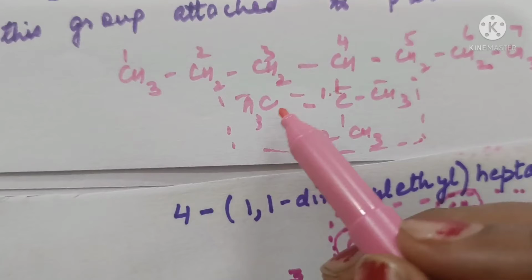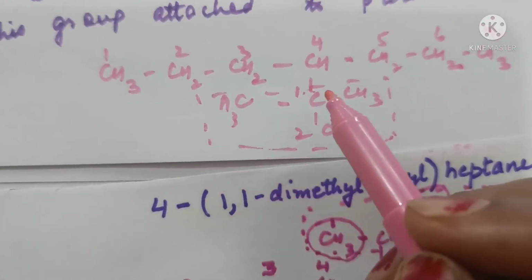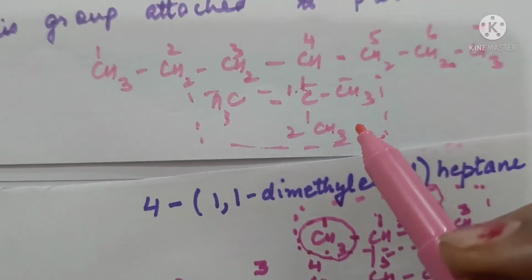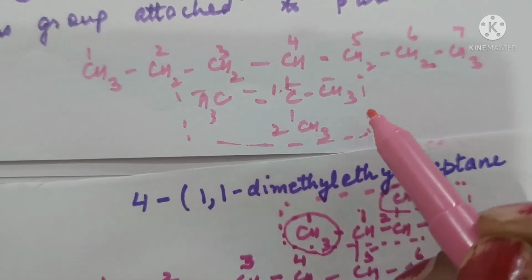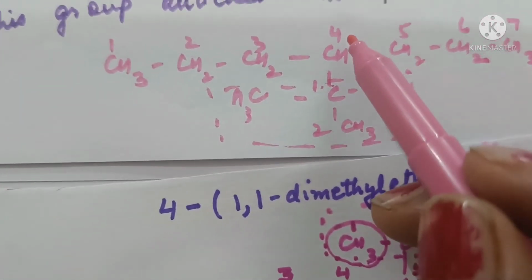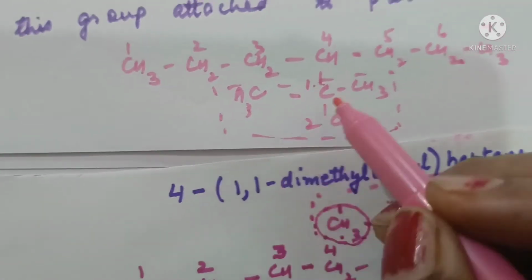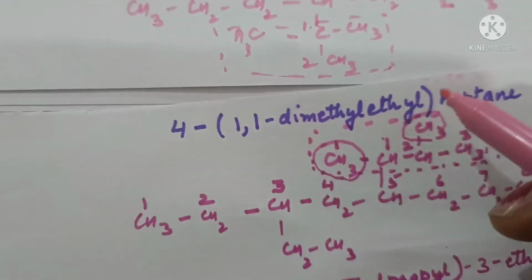Now as there are 2 methyl groups on carbon number 1, the name of the substituent will be written in this manner. First of all, the locant: the complex substituent is present at position number 4. So the locant for this is 4, and then we write the name of this substituent in brackets.